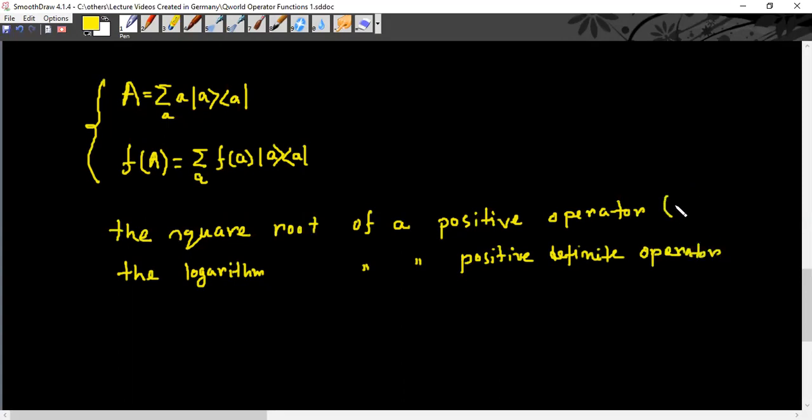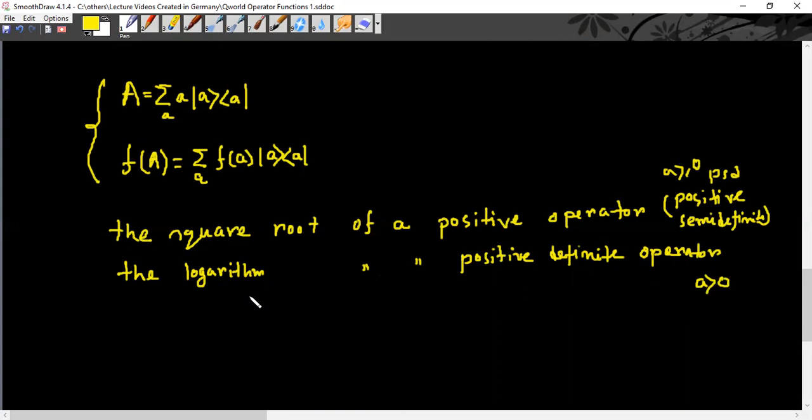This can be said also for positive semi-definite, PSD, that means the eigenvalue is greater or equal to 0, and in that case it is strictly greater than 0.